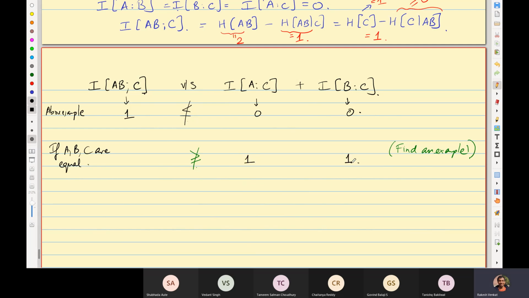This is equal to 1, and this is also equal to 1 again. A, B, C are uniformly random bits, just that they are the same copy of a bit drawn uniformly at random.